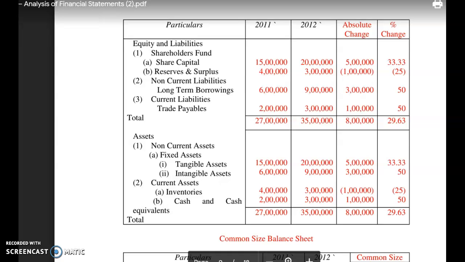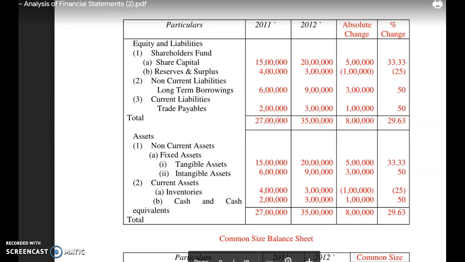The last two columns are the absolute change in terms of rupees and the percentage change, which is calculated as the amount of absolute change divided by the base year figure and multiplied by 100, and you show that in the last column.